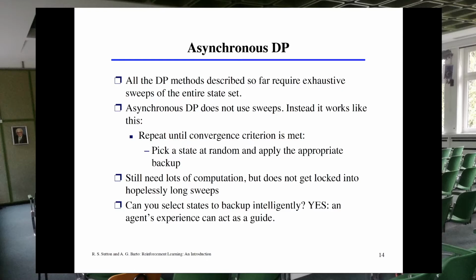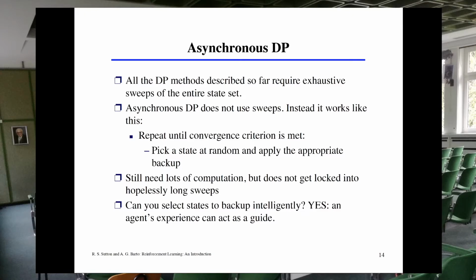Maybe, for example, if you apply this rule to some state repeatedly and you notice that its value is not changing after some updates, then you can say, okay, there's no need to keep updating this state. I will update some other states, because maybe that state is very simple and with some iterations you have already estimated its final value.